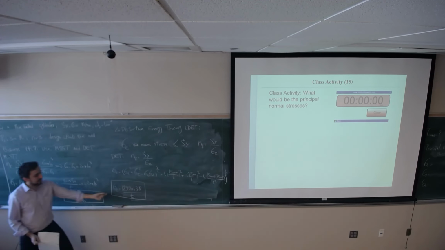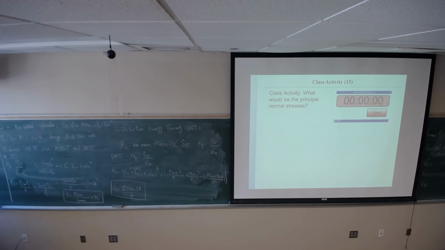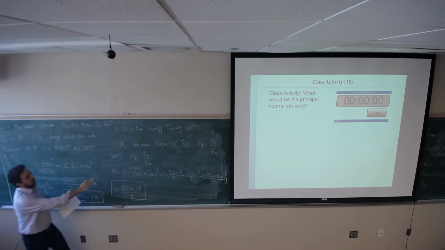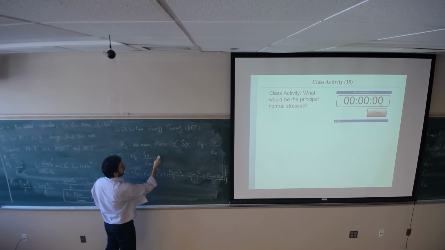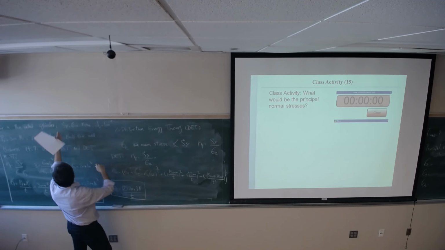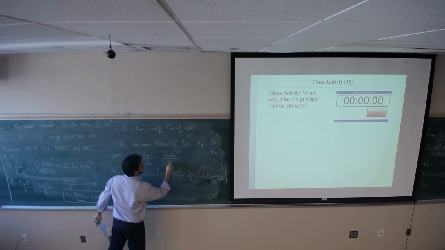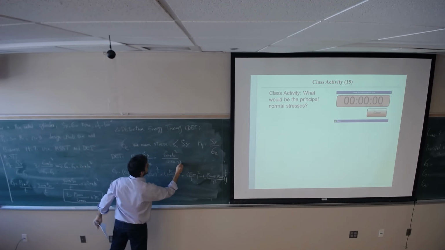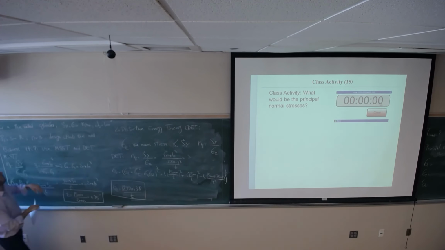Everybody can see how we got this. All right, now back to the definition of factor of safety. Factor of safety is Sy, which is 60,000, divided by the von Mises stress, 12,990.38 divided by t, equals the factor of safety, which we are supposed to use as 3.